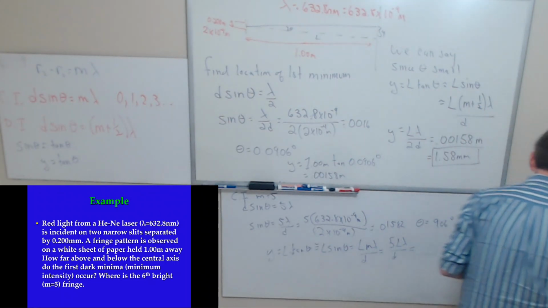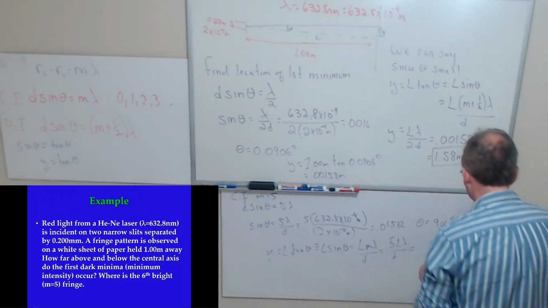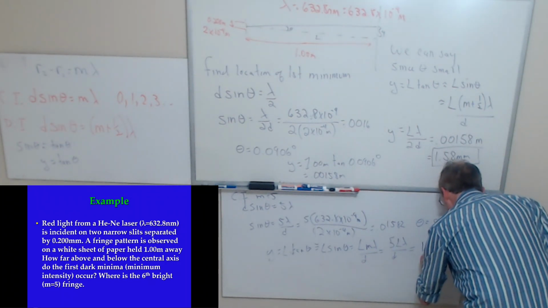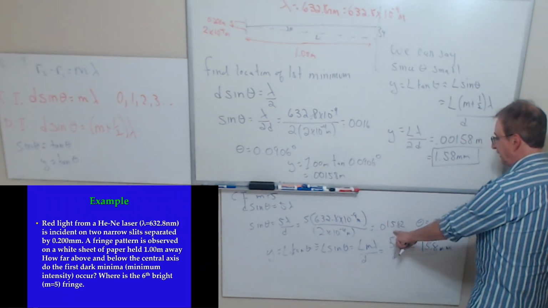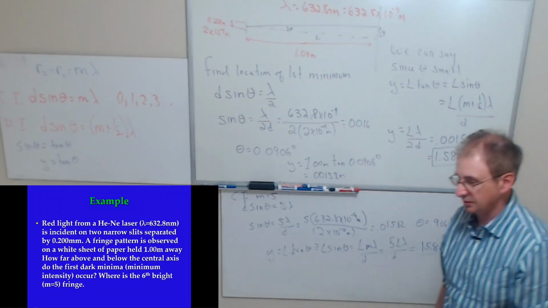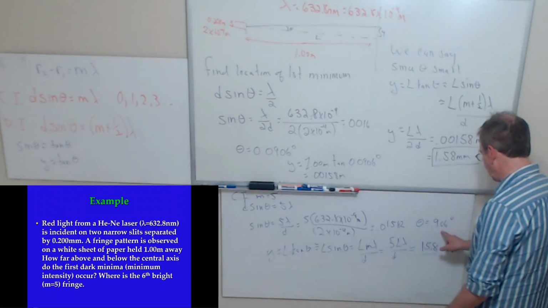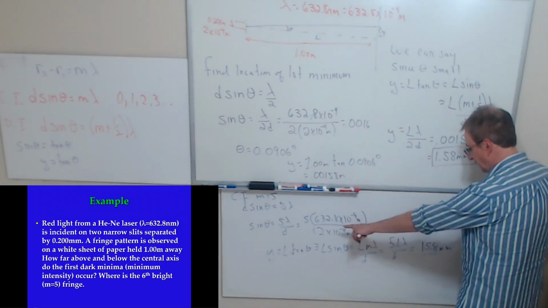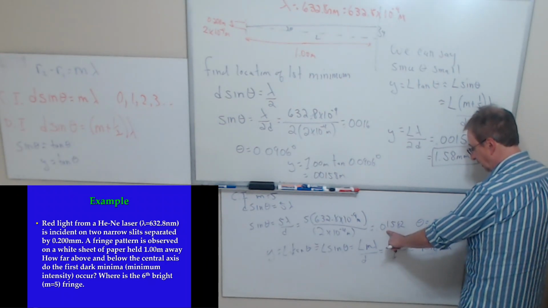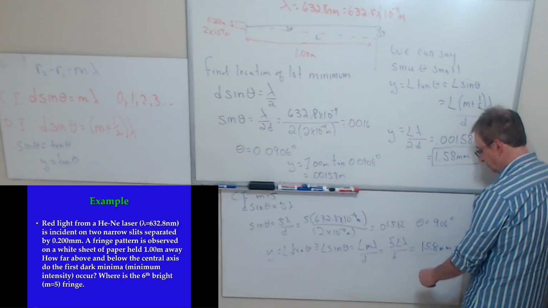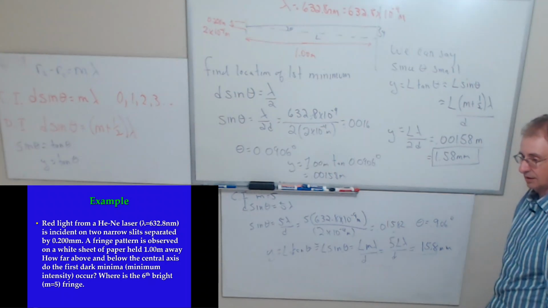If you plug in the values, you will get 15.8 millimeters, or 0.0158 meters. Again, if you want to use this angle, you can, but it's obvious that sine of theta is this value. That matches this. Remember, L is 1.